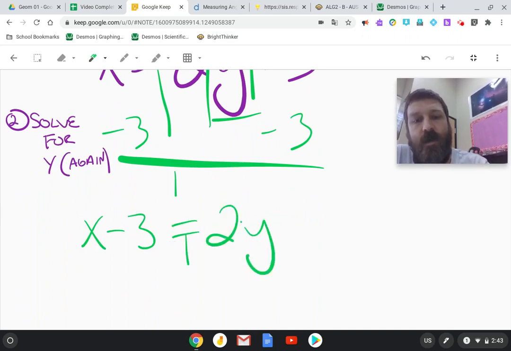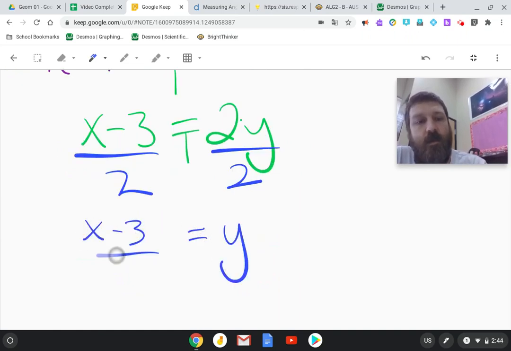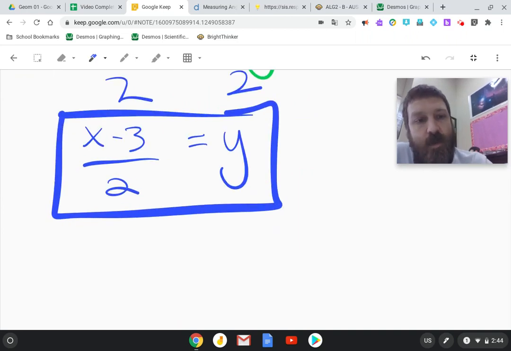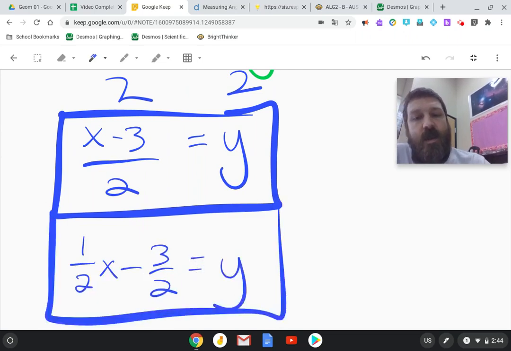I have 2 times y, so I'm going to divide by 2. And I get y equals (x minus 3) over 2. So that is the inverse, because I've switched the x and the y and found a new function. Another way of writing that would be 1/2 x minus 3/2, if I just break this fraction up, equals y. So both of those are the same expression.